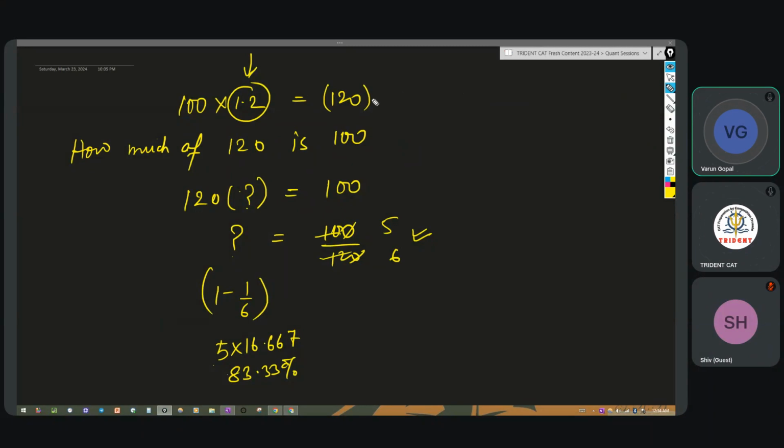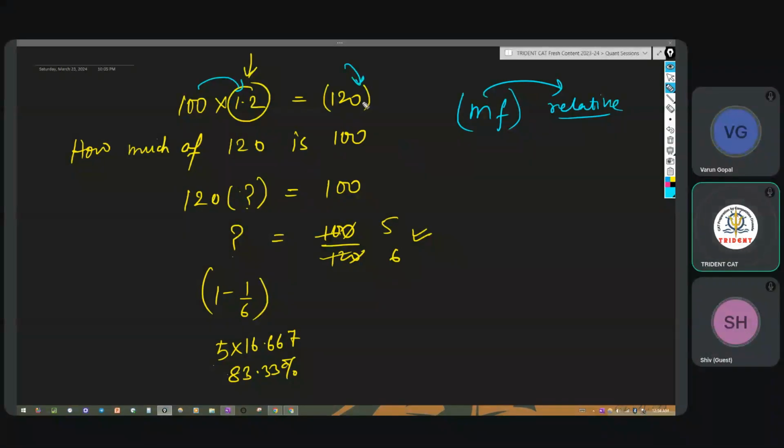Actually, do you know what the problem is? Shiv, can you figure out the problem that we are facing here? Varun, you can also predict the problem now. Do you remember something about the multiplying factors being relative numbers? When I use 100 and 1.2, 120, they have no significance of their own. They make sense only when we say increase on a base of something.